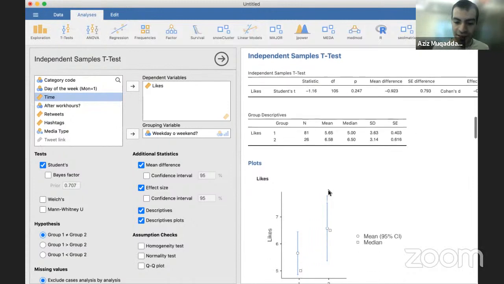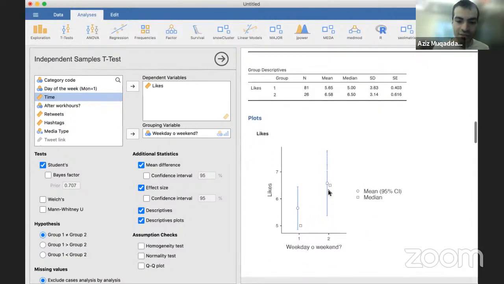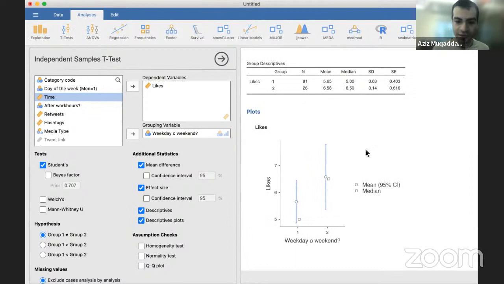But then look at the plot right here, okay? This is group 1, and this is group 2. This is the mean score right here. Mean is the circle, and that's the one we're looking at. The confidence interval is this one with the blue, right?